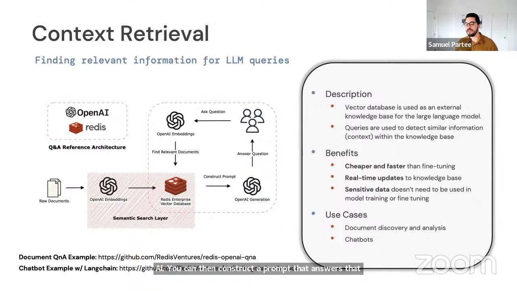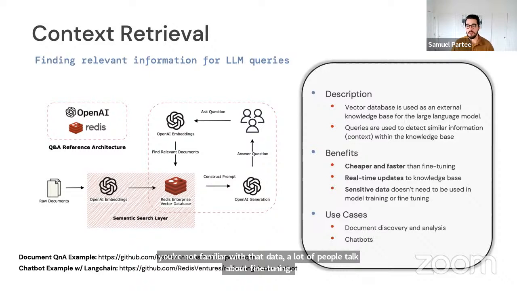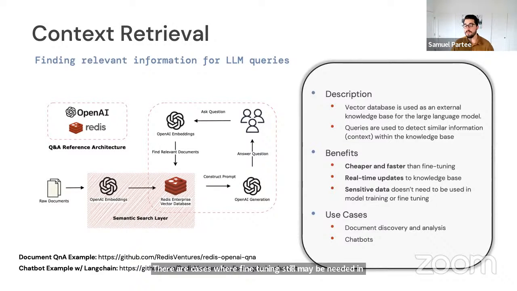And so there's a couple really important parts here that might not be obvious if you're not familiar with vector databases. A lot of people talk about fine tuning. There are cases where fine tuning still may be needed in this kind of loop, if the text is out of corpus, and there's a couple other reasons why, but specifically here, this is much cheaper and faster than fine tuning a model. And what I mean by faster here isn't necessarily the offline process, but the online process.